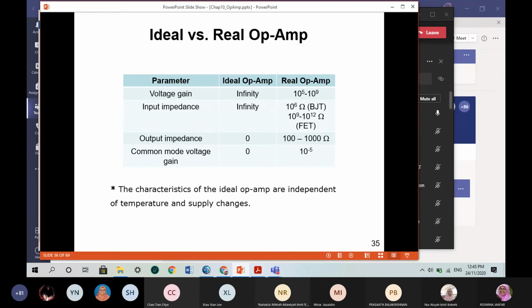When the circuit is operating for a long time, current flow within the circuit can cause a rise of temperature. So the performance of the op-amp also changes a little bit, especially if you have a very big current. It will alter the behavior of the op-amp after some time.